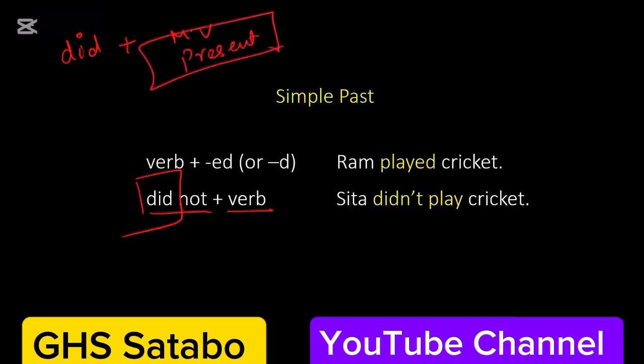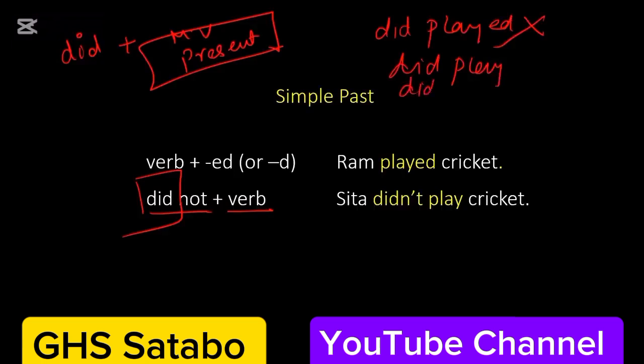You will not say, for example, did played. It's completely wrong. You can say did play or did not play. Please focus. Did in itself shows past tense, and hence we need not write the main verb in the past form. We will be writing in the present form.